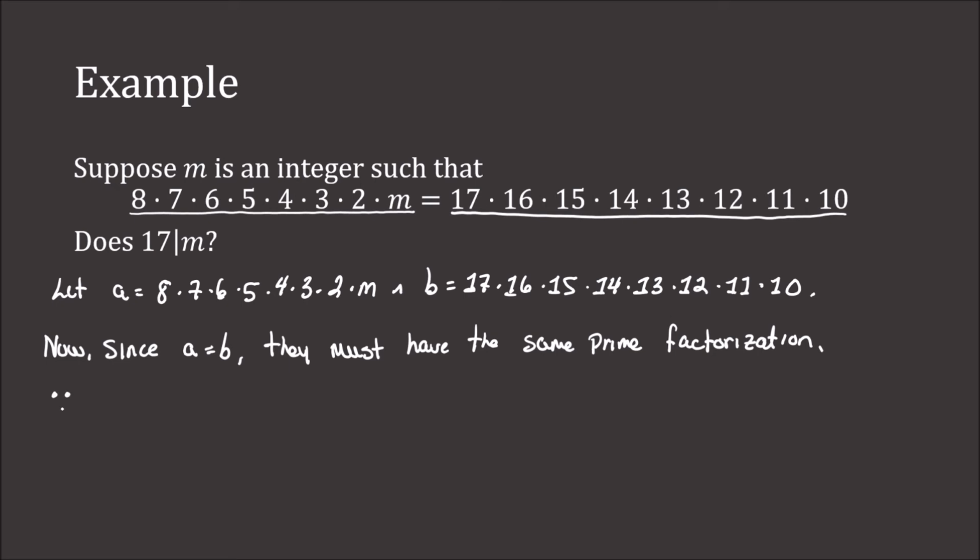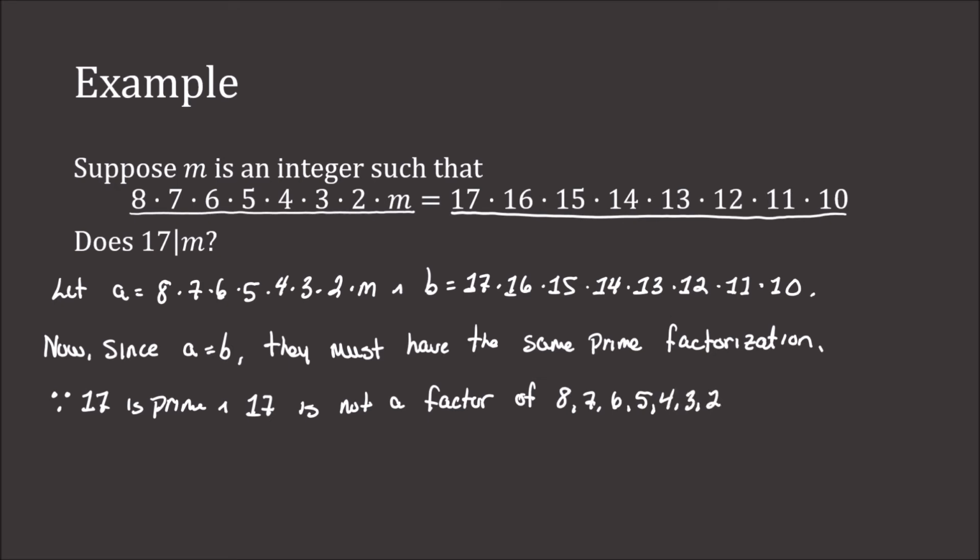Now, because 17 is prime, and 17 is not a factor of 8, 7, 6, 5, 4, 3, 2, it must be a factor of m. So therefore, 17 must divide m.